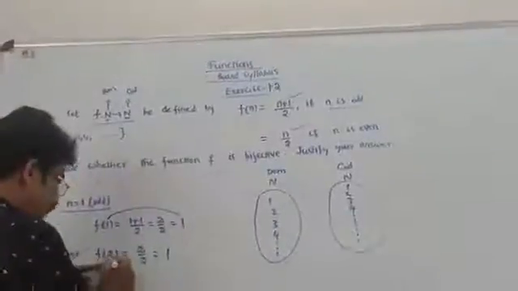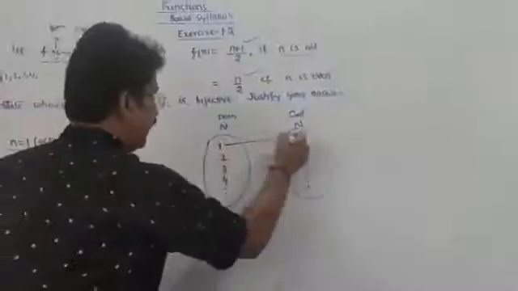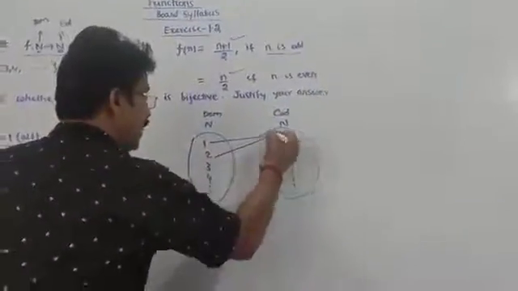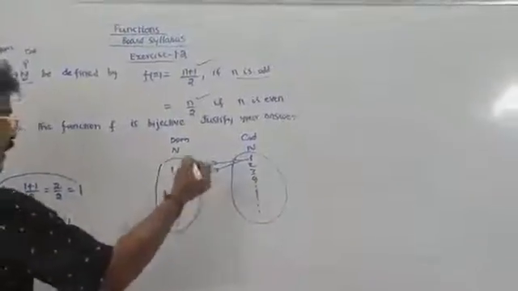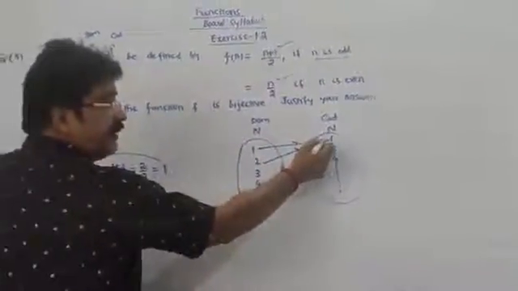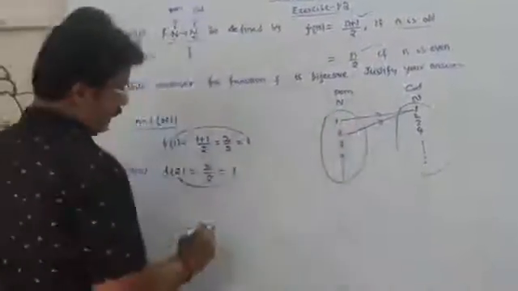So, 1 is mapped with 1. 2 is also mapped with 1. Therefore, different elements are not mapped with different elements. They are mapped with one element.